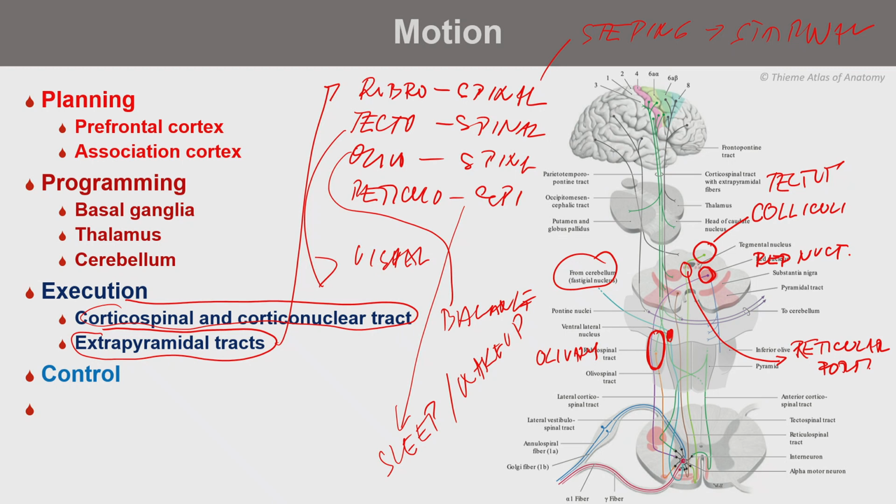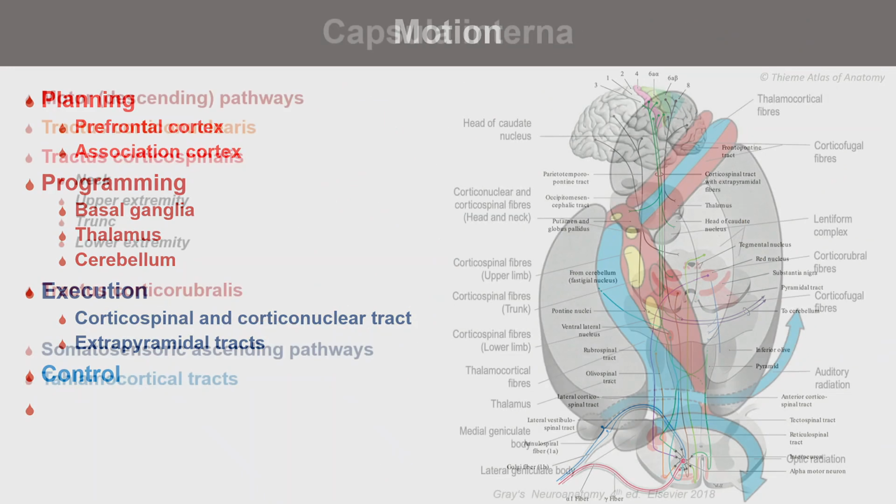Those tracts are also modifying the motion execution, but they are more or less automatic systems. The most automatic is the reticular, less automatic are the tecto and olivo, because they react to position and outer inputs, and the most complicated is the rubrospinal tract. Also, the nucleus ruber is under control of the cortex, because we also have the corticorubral tract, which guides the red nucleus.